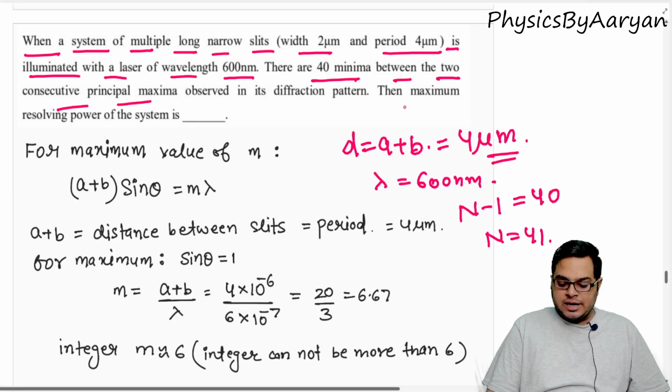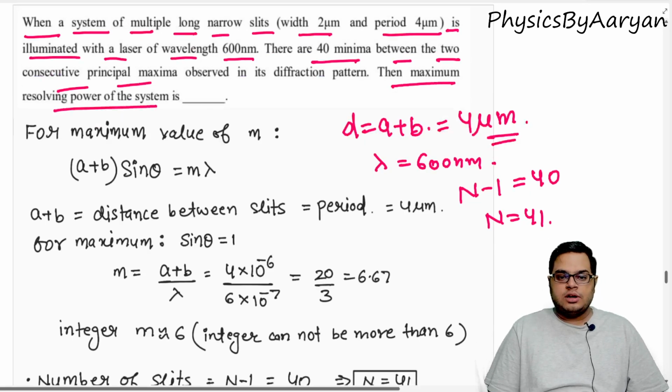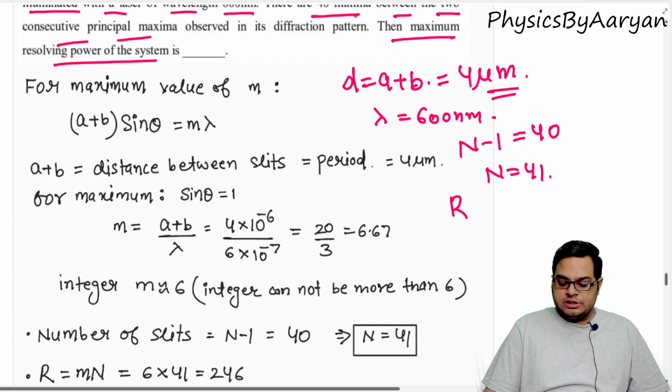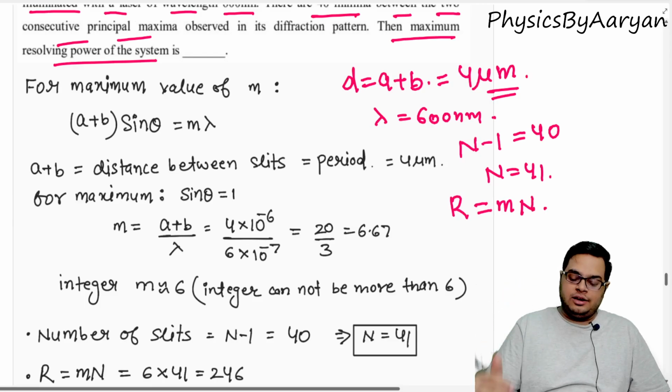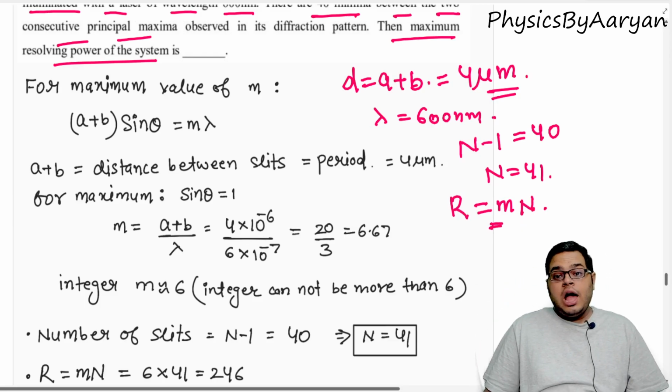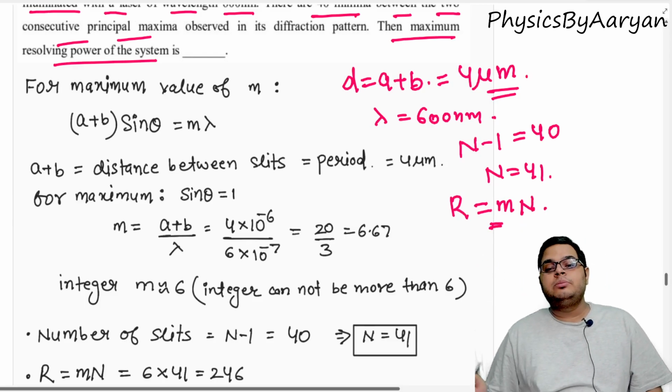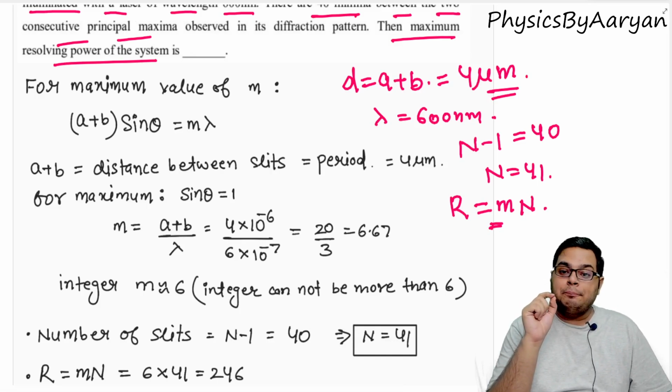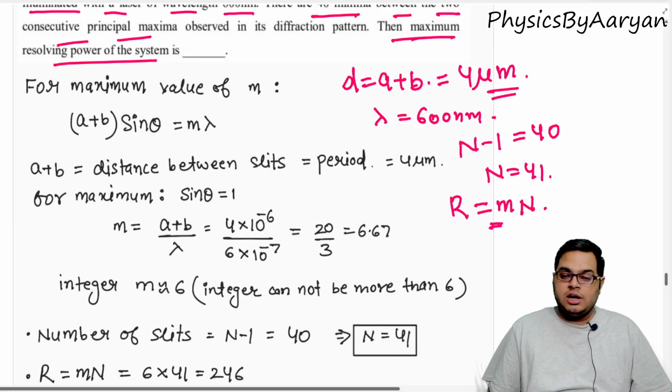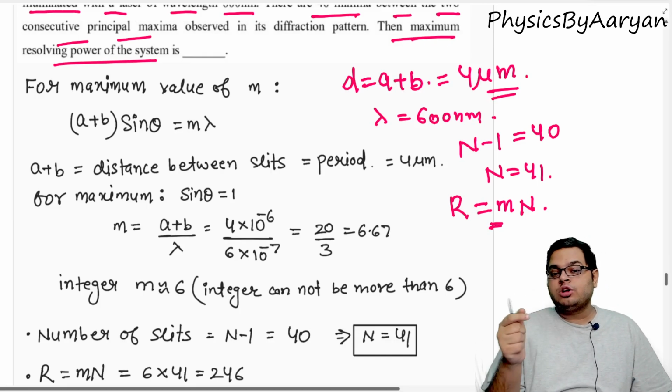Then they are asking what is the maximum resolving power of the system. So the resolving power of the system is decided by R equals M into N. I already know N, but I don't know M. I don't know how many primary maxima there will be, and I need the maximum resolving power. For maximum, my M should also be maximum.